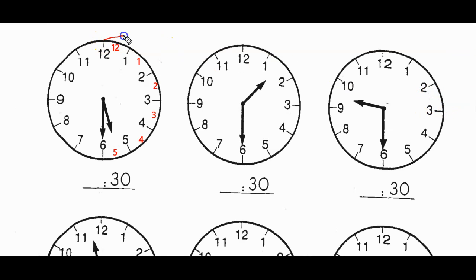I start here, so it's 5, 10, 15, 20, 25, 30. That's what we have, 30 here. Okay, and then what's the hour hand? 5 o'clock. So the time shows what? 5:30. Okay, 5:30.